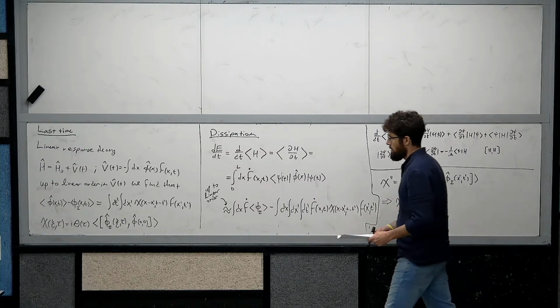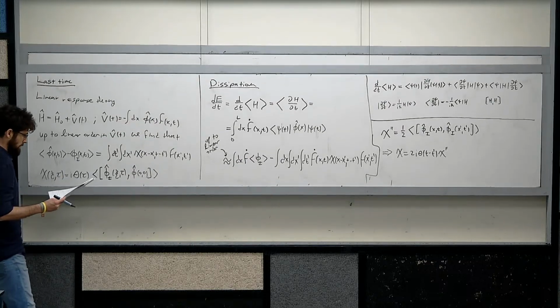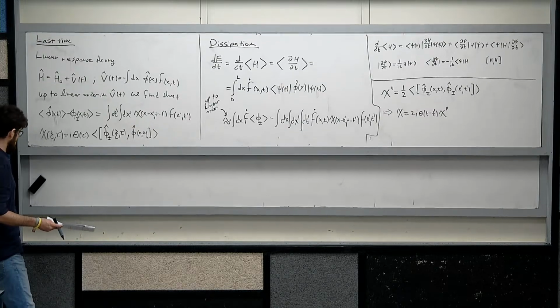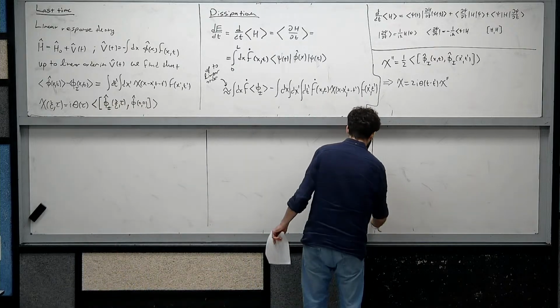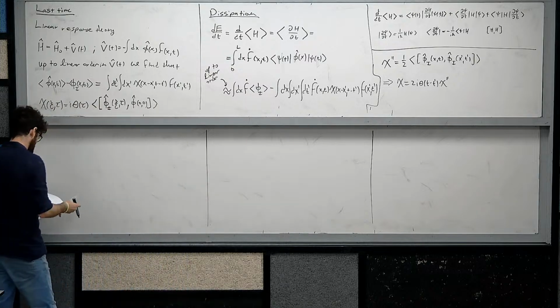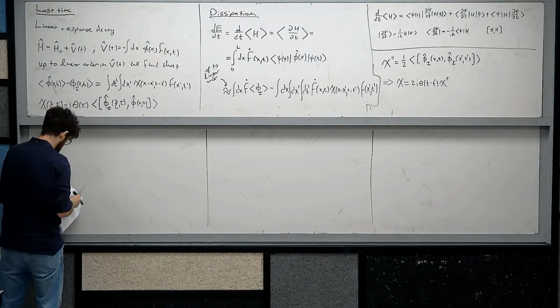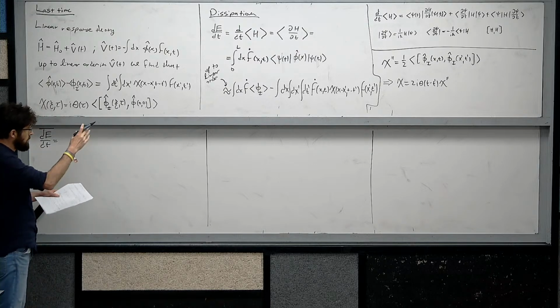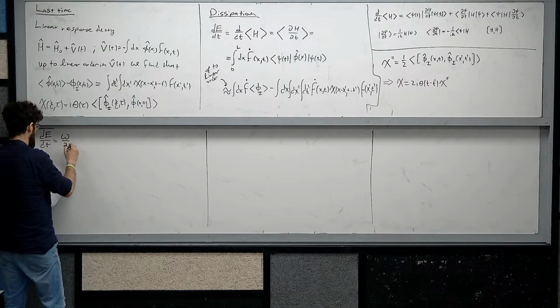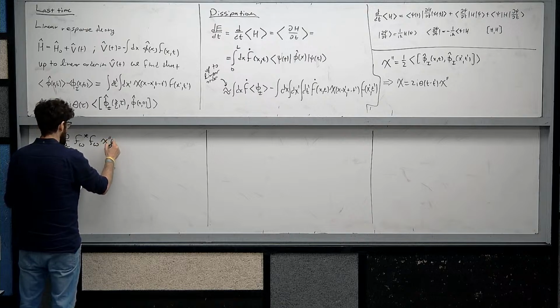And then using this result, we saw that the dissipation, that is dE/dt, if we average it over a cycle, or average out the terms that don't average out in a cycle, then we get this chi double prime of omega.